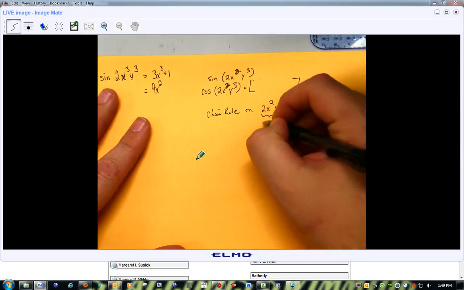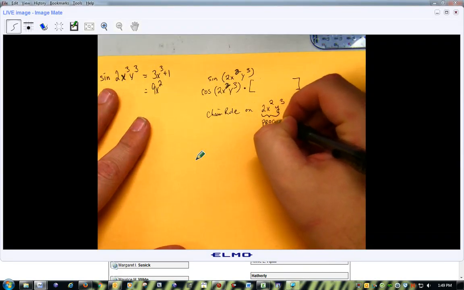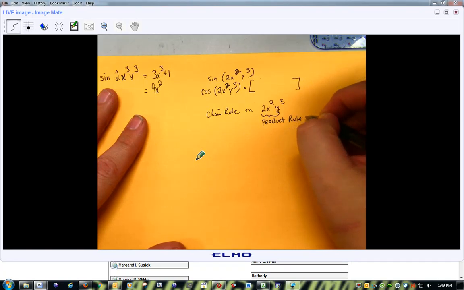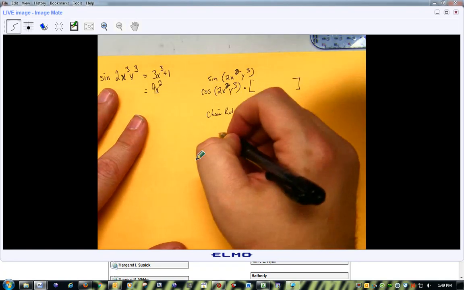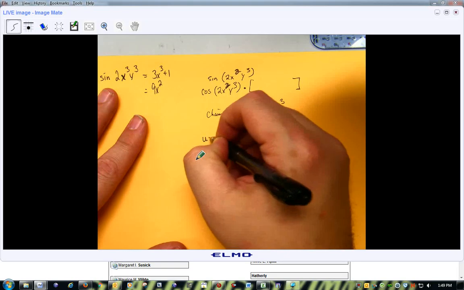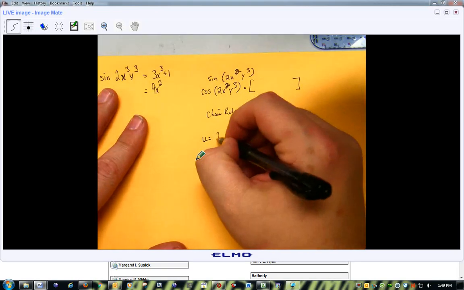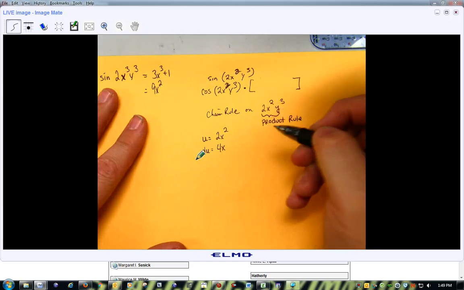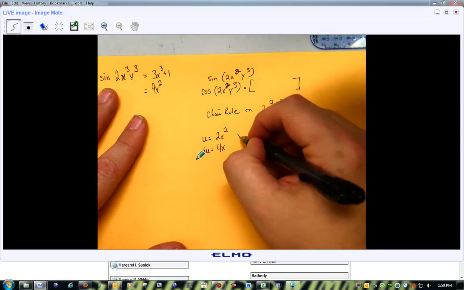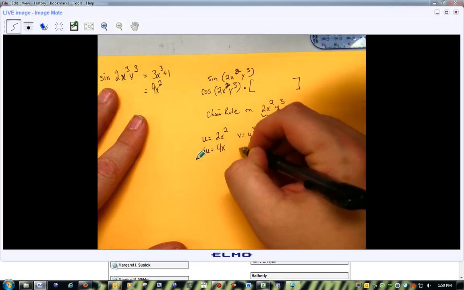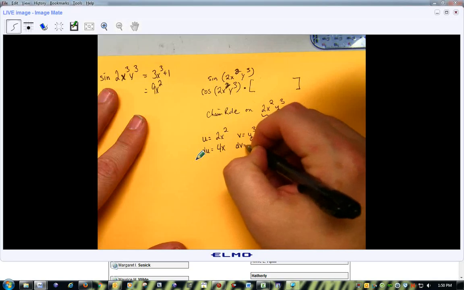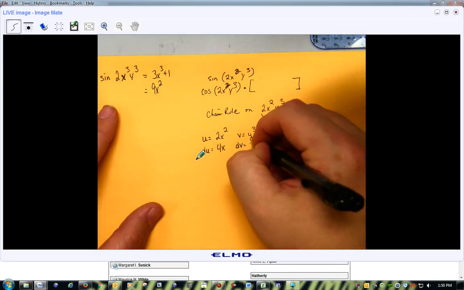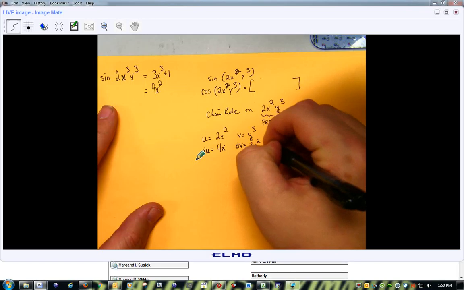This guy's a product, so I need the product rule. So I'm going to take my u, my first thing, as 2x squared. My du is going to be 4x. My v is y cubed. My dv, or v prime, however you want to think about it, is 3y squared times y prime.